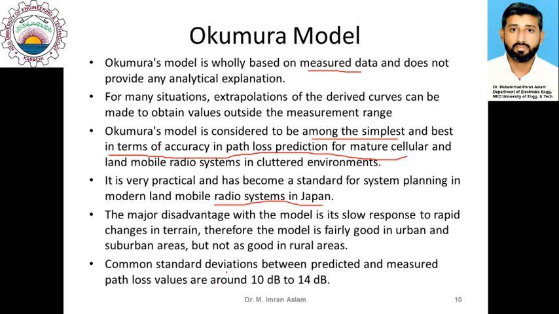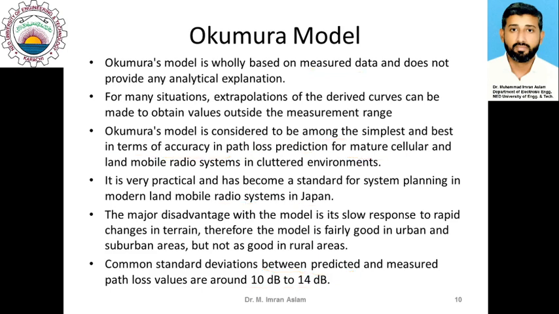As for common standard deviations, if we take actual measurements and compare with predictions from the Okumura model, the standard deviation generally comes in the range of 10 dB to 14 dB. This is the common standard deviation that we get from this model.